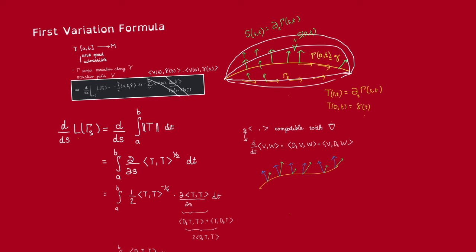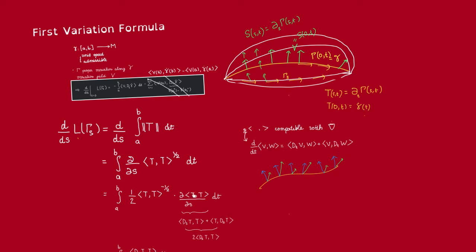Remember, the connection that we're using is the Riemannian connection, and it was supposed to be compatible with the Riemannian metric. And recall that compatibility is equivalent to the following product rule. So if v and w are two vector fields along the same curve, then we have this differentiation rule.